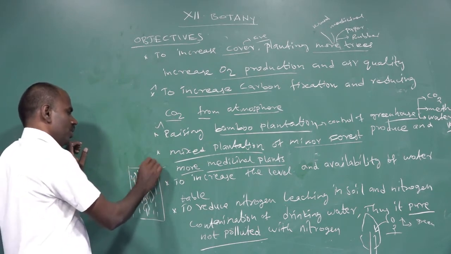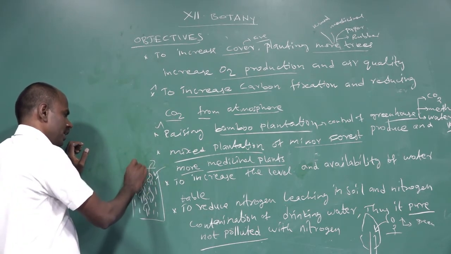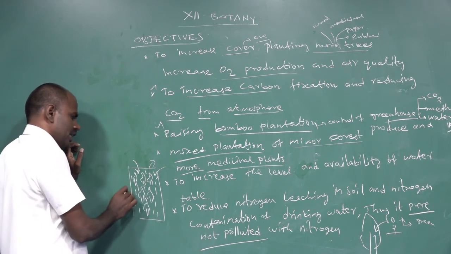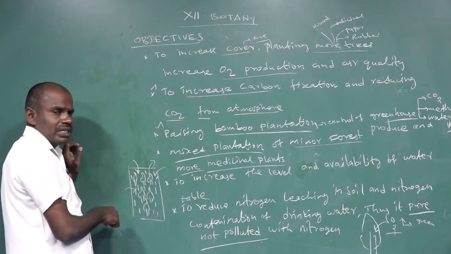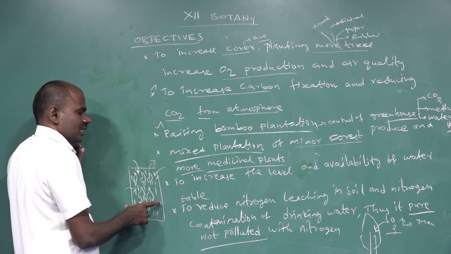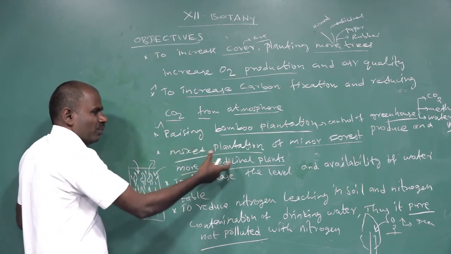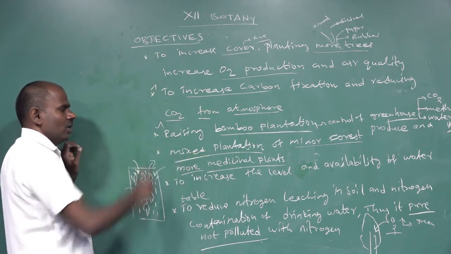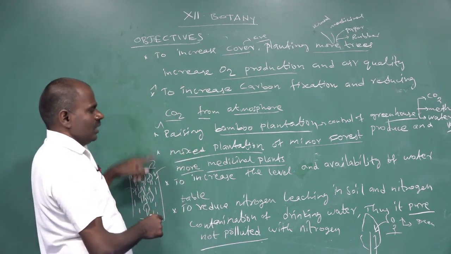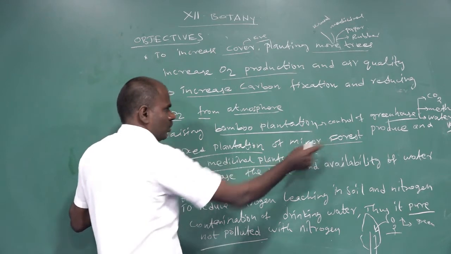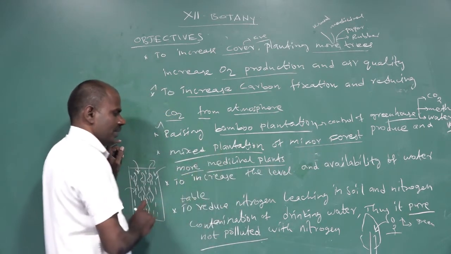Intercropping of crop plants is cultivated in the forest region. So mixed plantation, mixed cultivation, or crop rotation methods are followed in afforestation, giving minor forest produce and more medicinal plants.